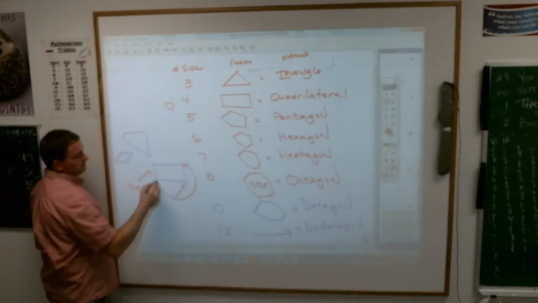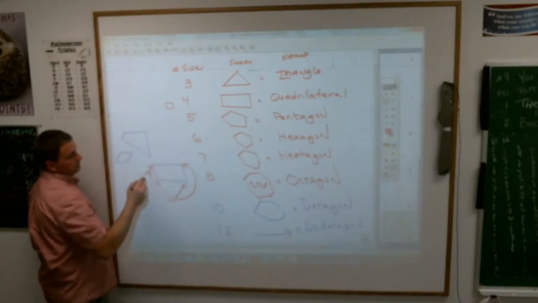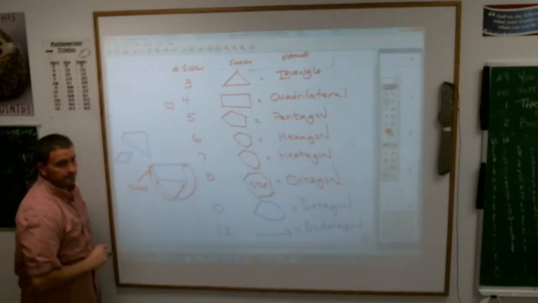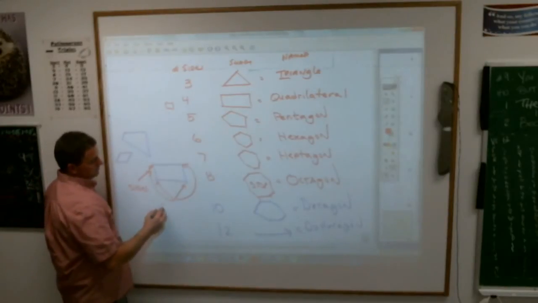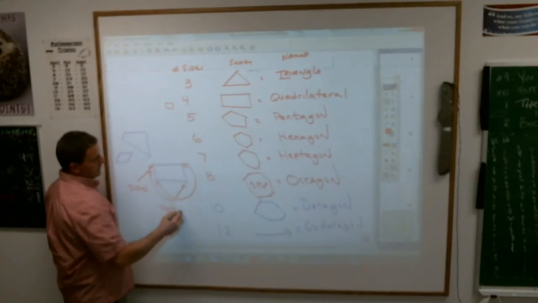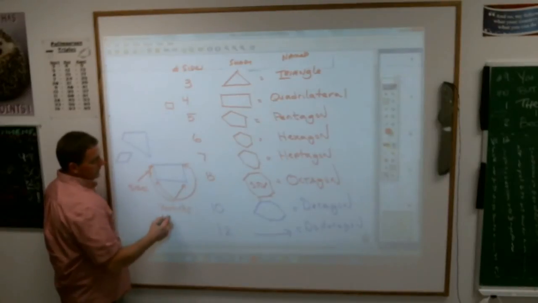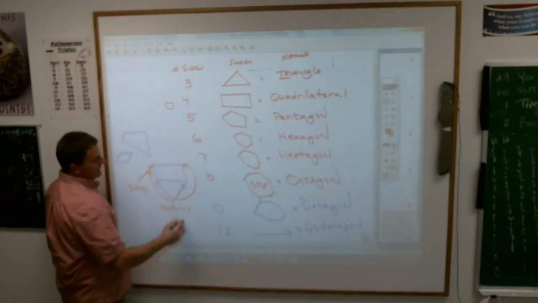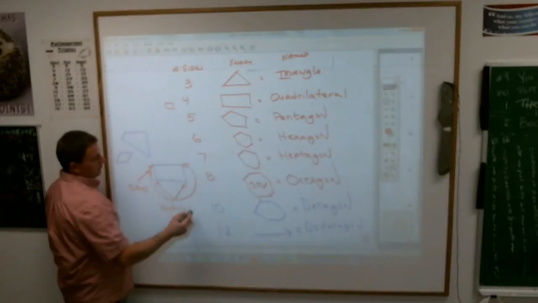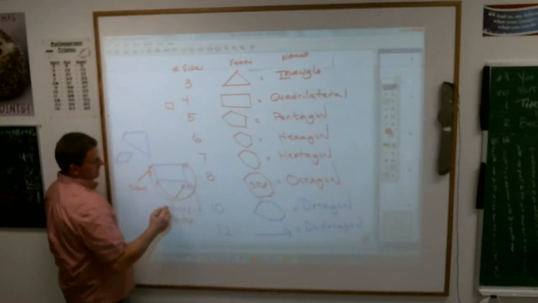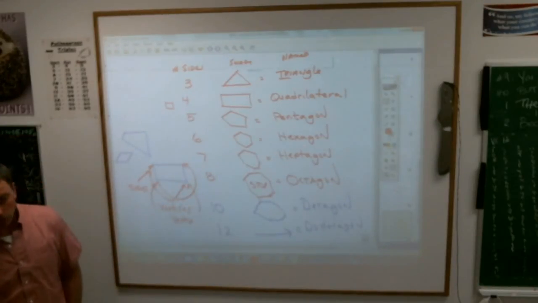Anybody know? Anybody remember Abram? Nope, they're called vertices. Or singular, one is just a vertex. They are the points. Vertices, one of them is a vertex.